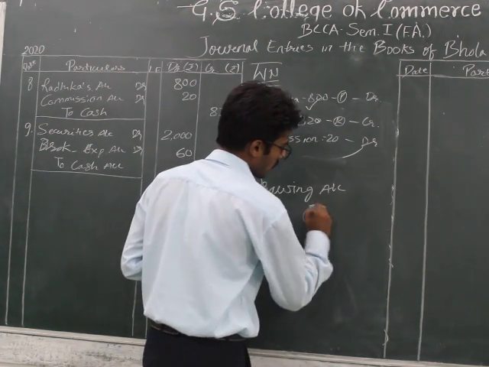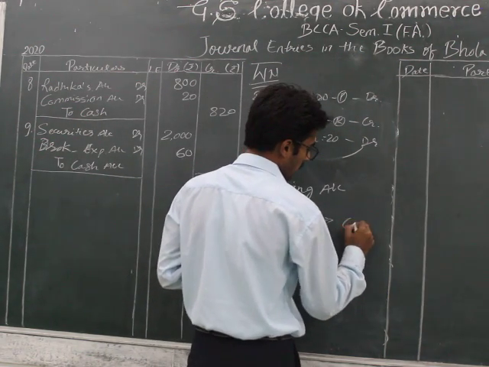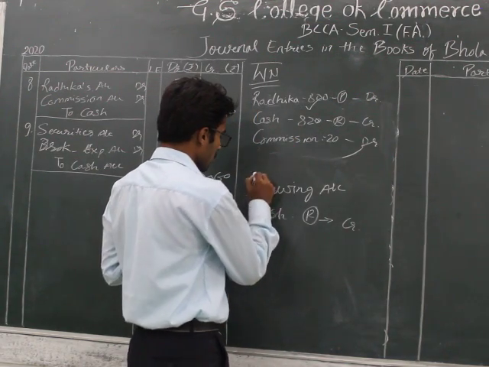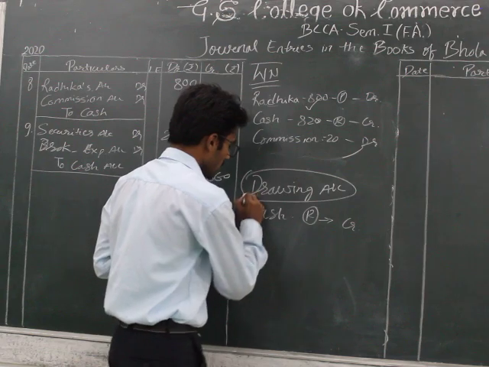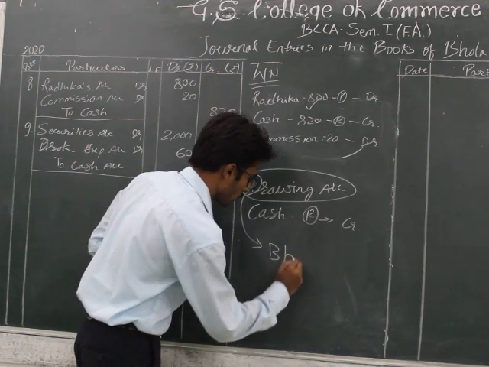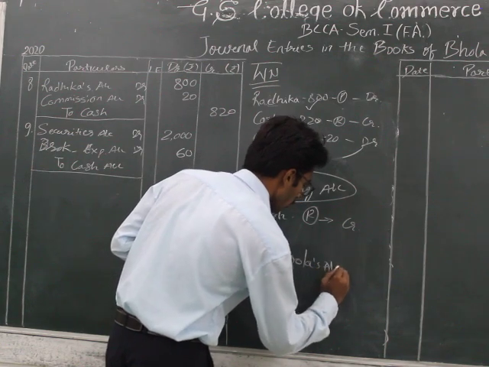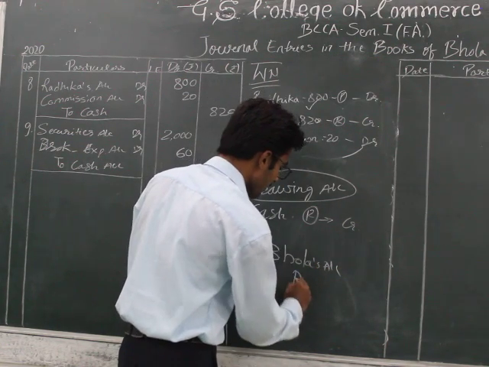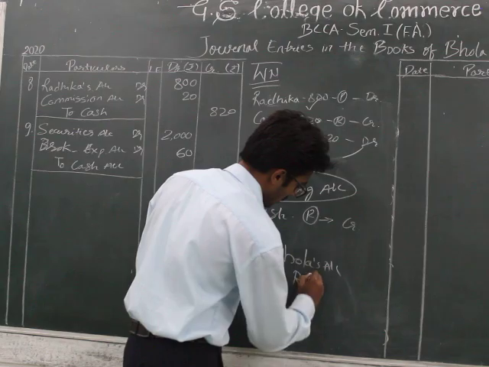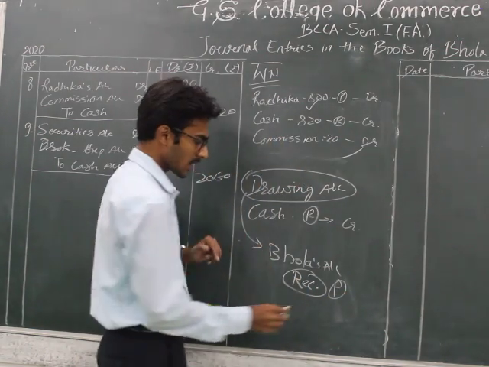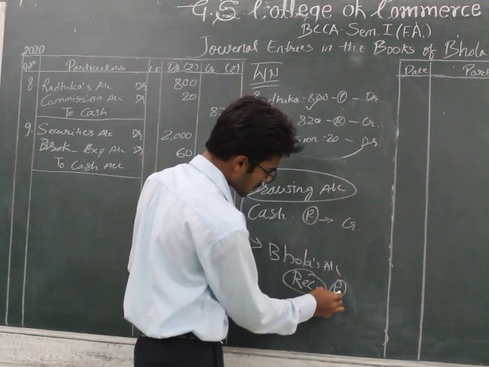Cash is a real account, cash is going out, that's why it will be credited. And Bhola, this account is nothing but Bhola's account. So Bhola is a receiver here, personal account, and debit the receiver, credit the giver, the golden rule of personal account.